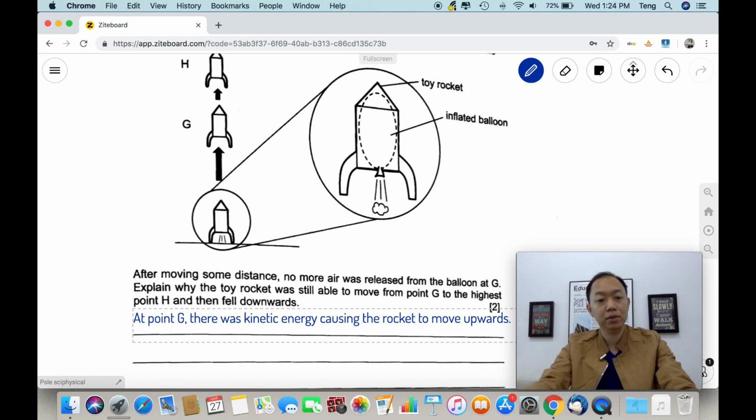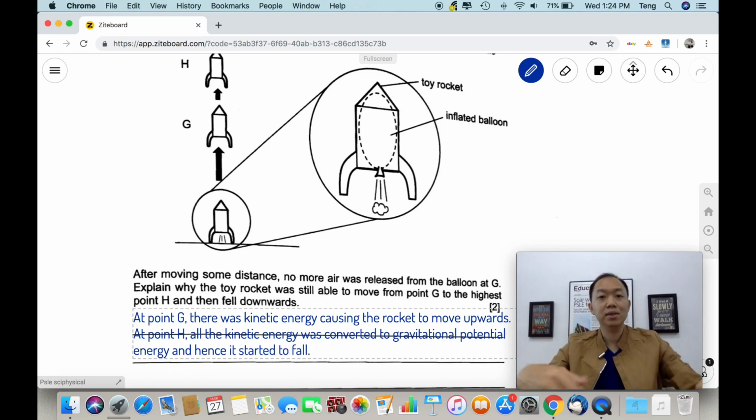So at point H, all the kinetic energy was converted to gravitational potential energy, and hence it started to fall because there's no more kinetic energy to push it up.